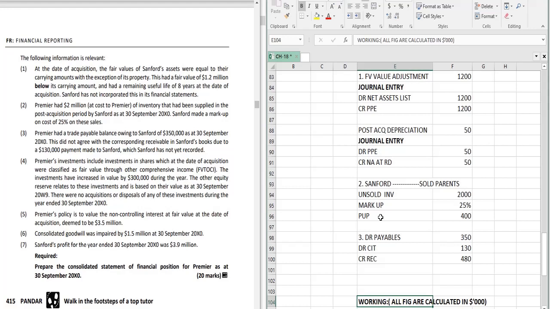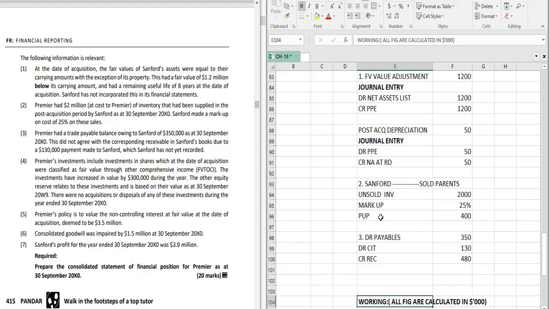The other equity reserves relate to this investment and are based on their value as at 30 September 20x0. There was no acquisition or disposal of any of these investments during the year ended 30 September 20x0. Basically the investment value has increased by 300,000 during the year, which we need to record while preparing the statement of financial position in the equity section.